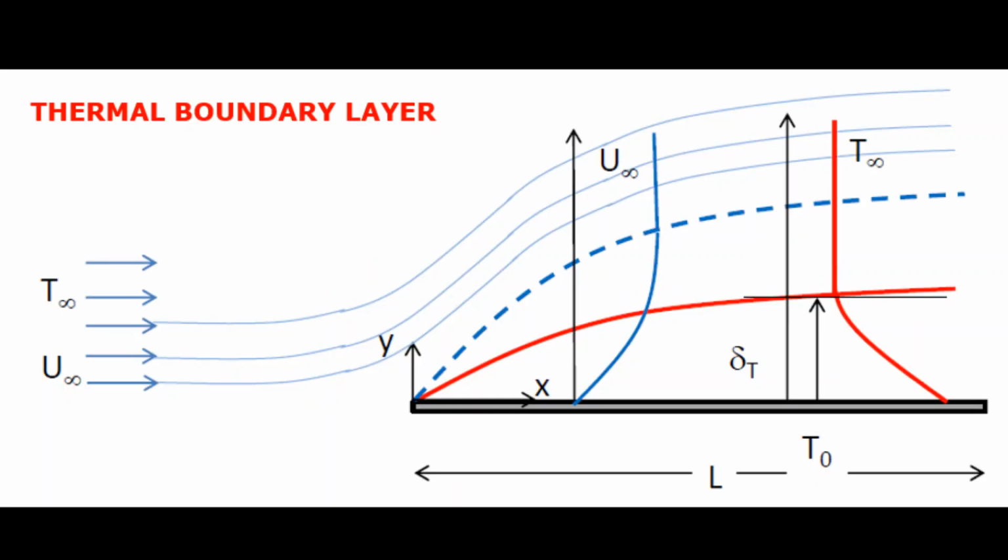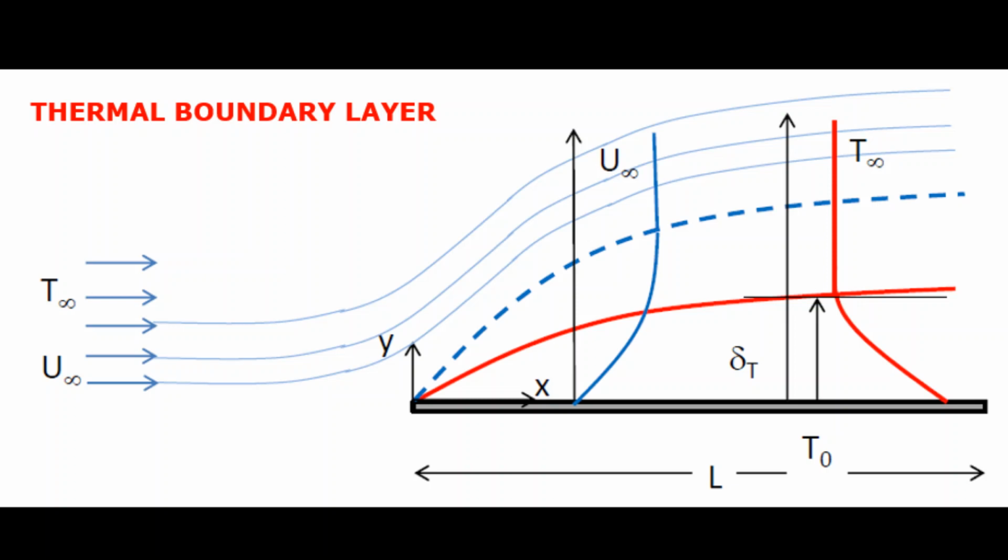Now, if we have a look at our convective heat transport problem, similarly, as a velocity boundary layer develops when there is a fluid flow over a surface, a thermal boundary layer must also develop if the bulk temperature of a fluid is different to the surface temperature.